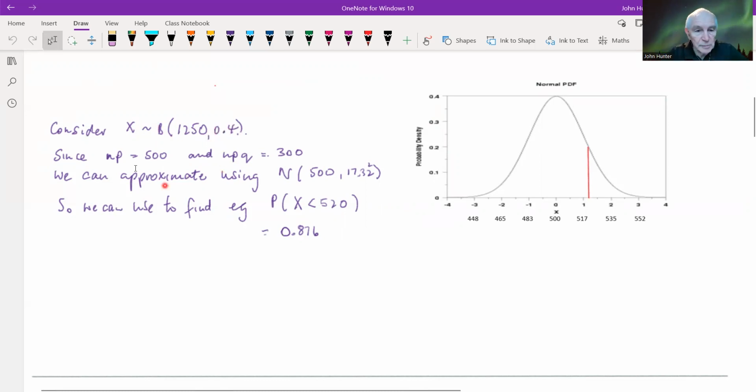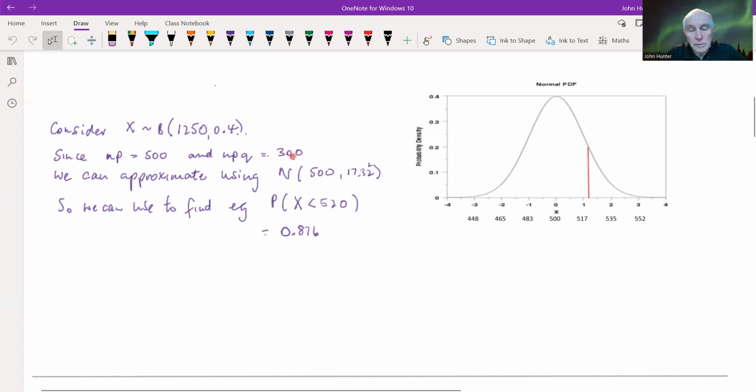I don't think we need to do the multiplication. np is 500. If we multiply n and p together, we get the mean of the corresponding normal distribution, and then multiplying this by 0.6, this being q, we get 300.